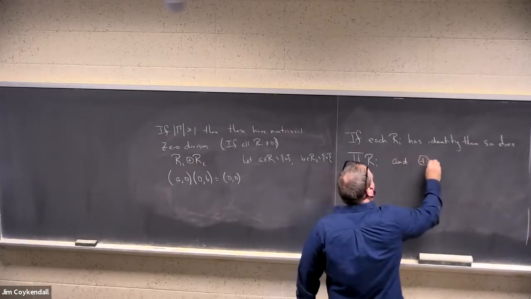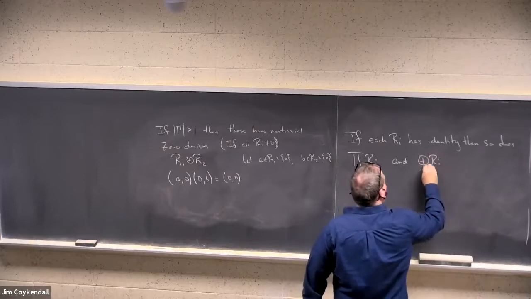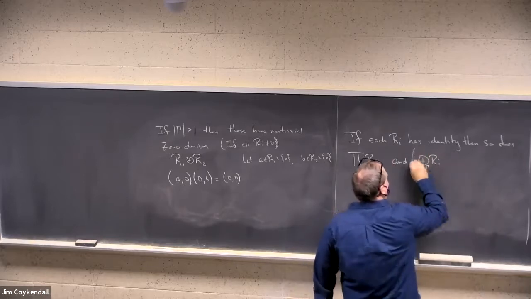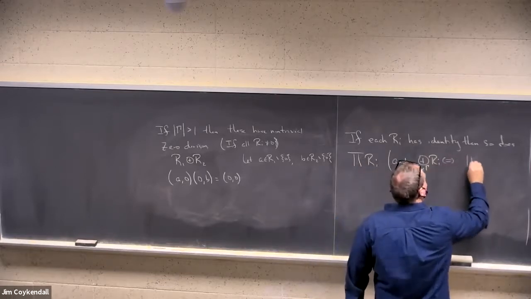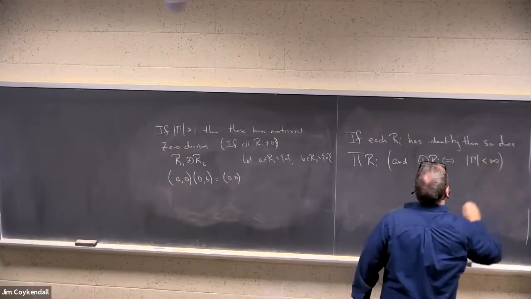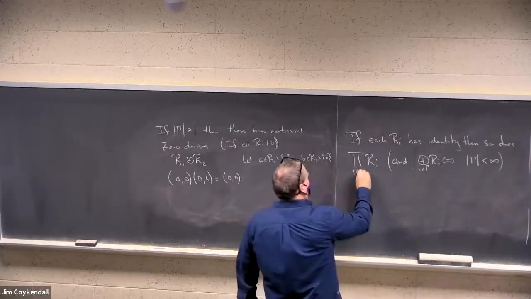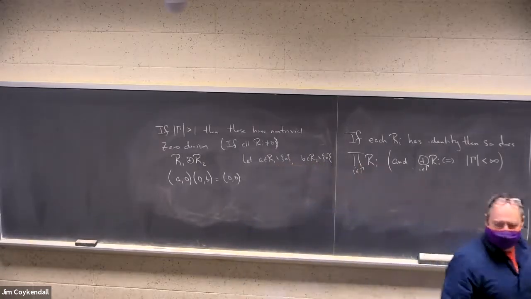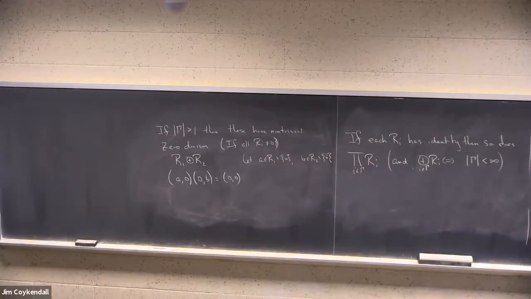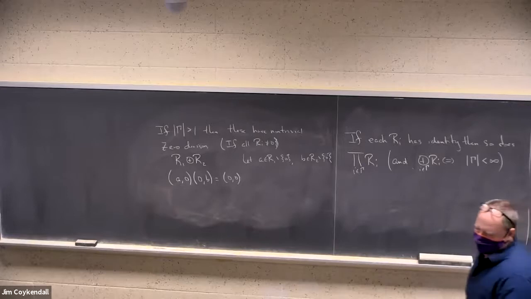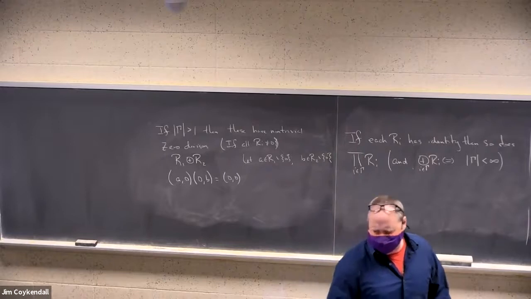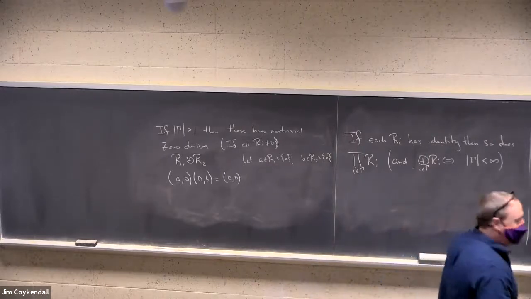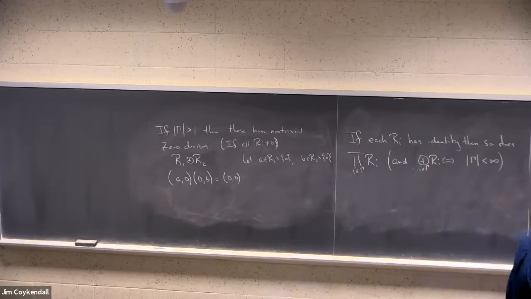And the direct sum of the Ri has identity if and only if the index set is finite. So if you've got an infinite direct sum of rings, then you don't expect to have an identity. Okay. Any questions so far?